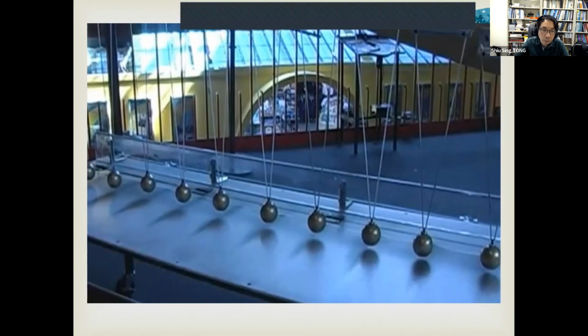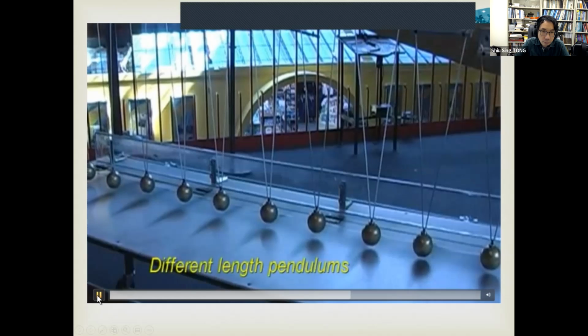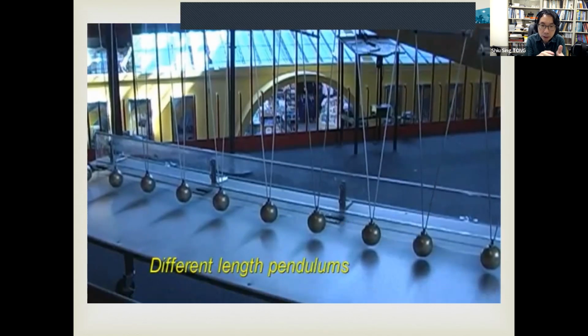The frequency of oscillation for a pendulum is a function of its length. Now these pendulums have slightly different lengths of suspension, so they have a difference in the frequency or the period. You can see when they are displaced and released together, originally they stay quite close together because they almost have the same period.